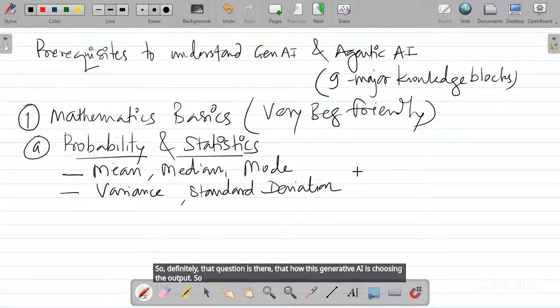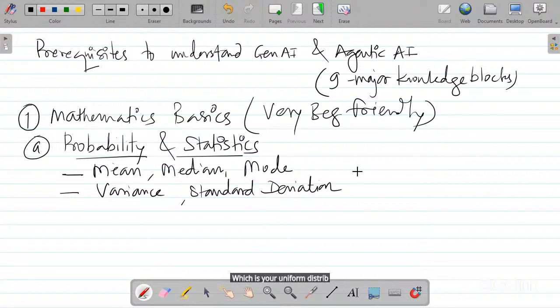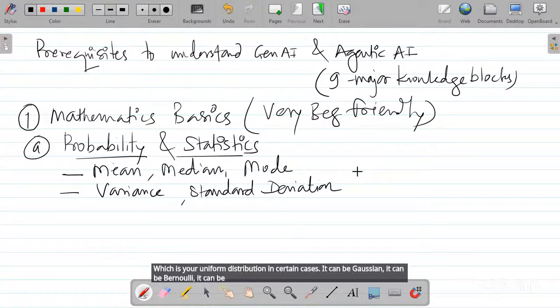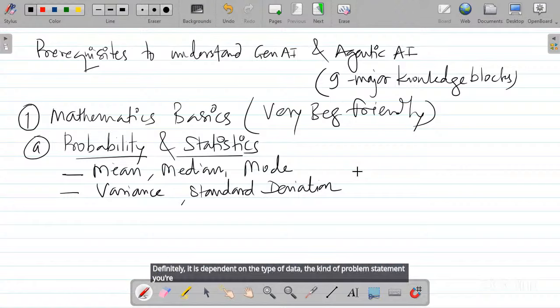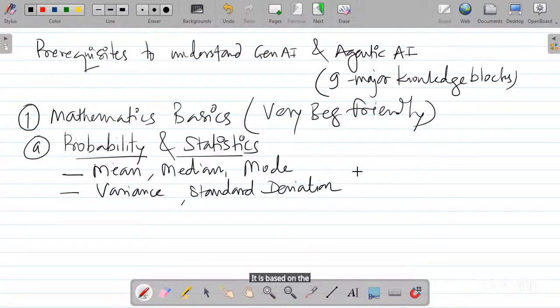Now we got a very clear answer, that these generative AI models are choosing their output based on these probabilistic distributions, which is uniform distribution in certain cases. It can be Gaussian, it can be Bernoulli, it can be binomial. Definitely it is dependent on the type of data, the kind of problem statement you are dealing with. A lot of parameters are there, but the base concept, the fundamental part, is the probabilistic distribution.